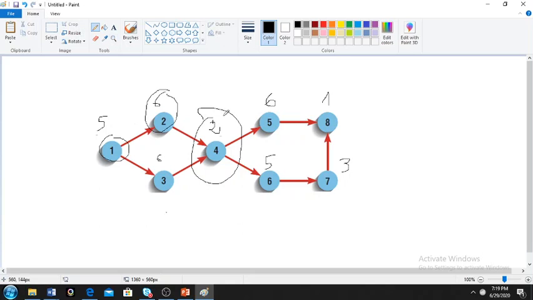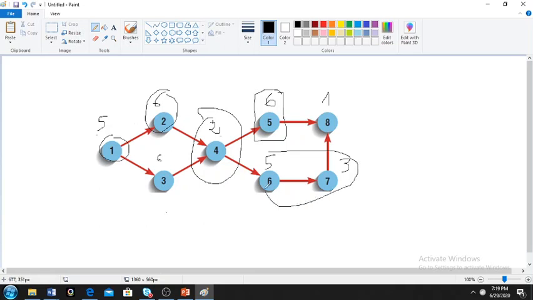Now where do we go here? We could go here, we can go here. But now we have a problem. If we go here, you see that this is cumulated.